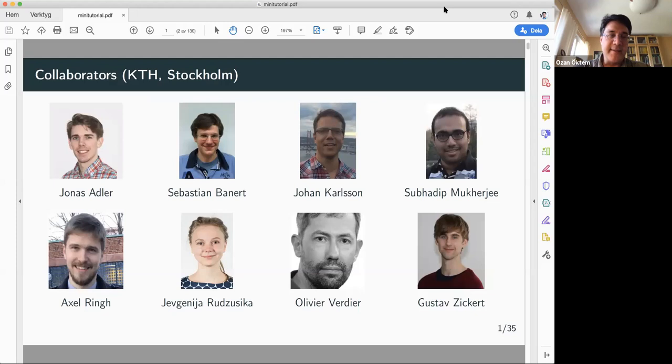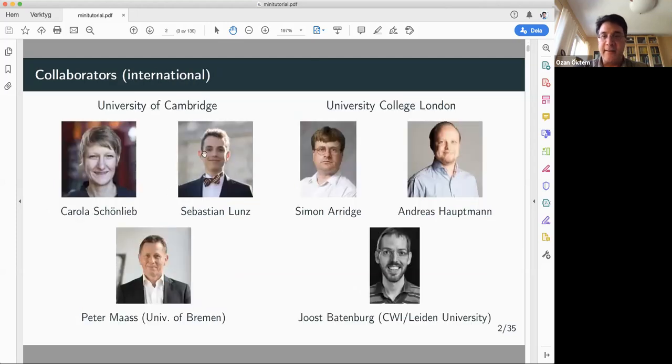And likewise, with Carola and also Simon Arridge and Peter Maass, who were mentioned by Carola as international collaborators, as well as when it comes to the data side, Joost has done tremendous work at his group at CWI in Amsterdam. So this type of research is, of course, very hard to pursue just on your own. In that sense, you're really dependent on good collaborations.